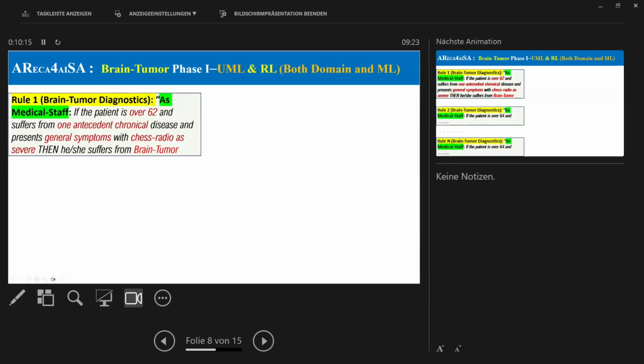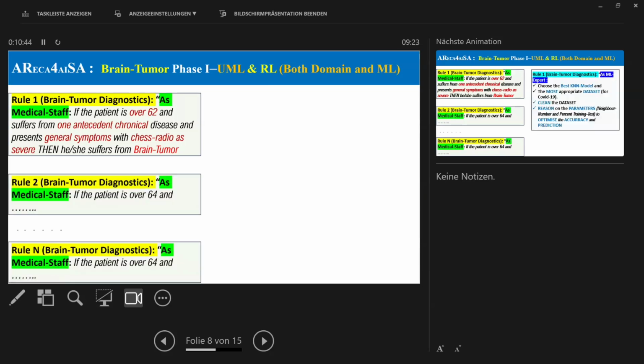For instance, a medical domain expert might have one rule: if the patient is over 60 and suffers from chronic antecedents and presents some general symptoms, then the medical staff can state that he is suffering from a brain tumor.